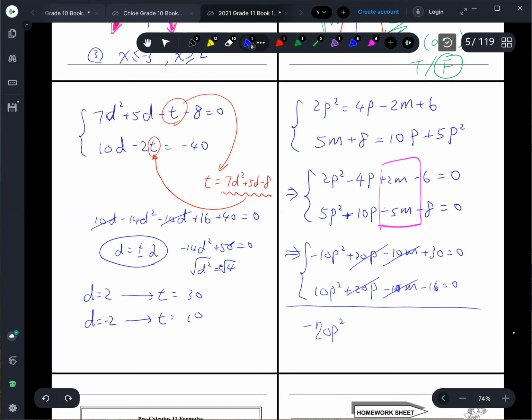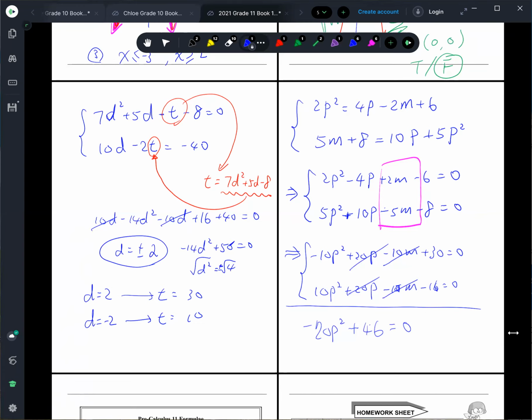That's good. And plus 14, I believe. They are subtracting, right? Oh, it's subtracting. So that is 46 equals 0.